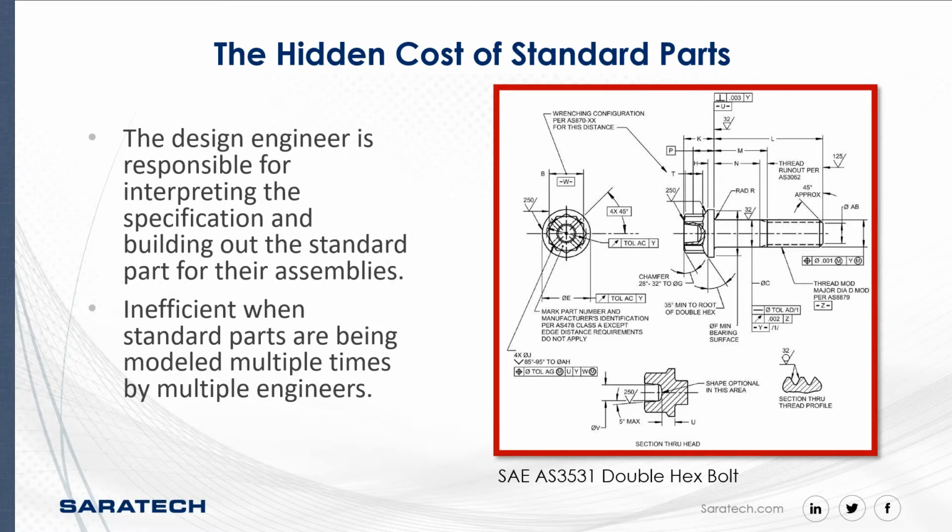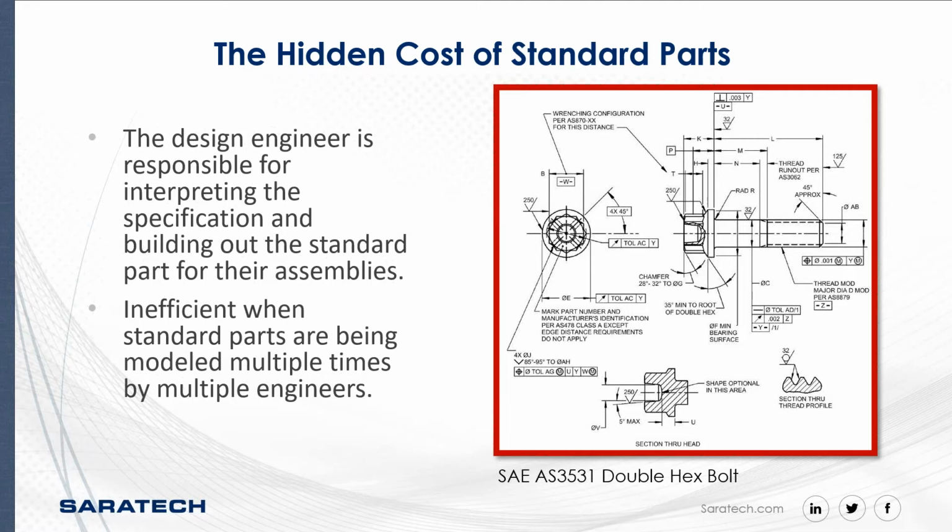So the issue faced with relying on standard parts is that the engineer is really responsible for building out the part every time it's needed in their design or assembly. So companies run into the underlying issue of engineers having to model out standard parts every time they need one, making the use of these standard parts really inefficient.